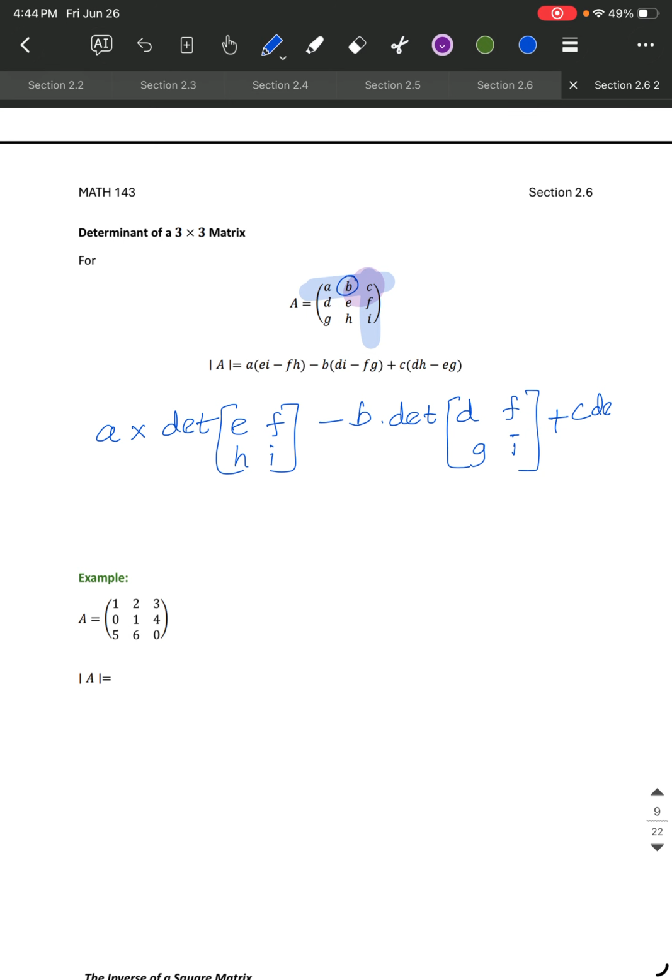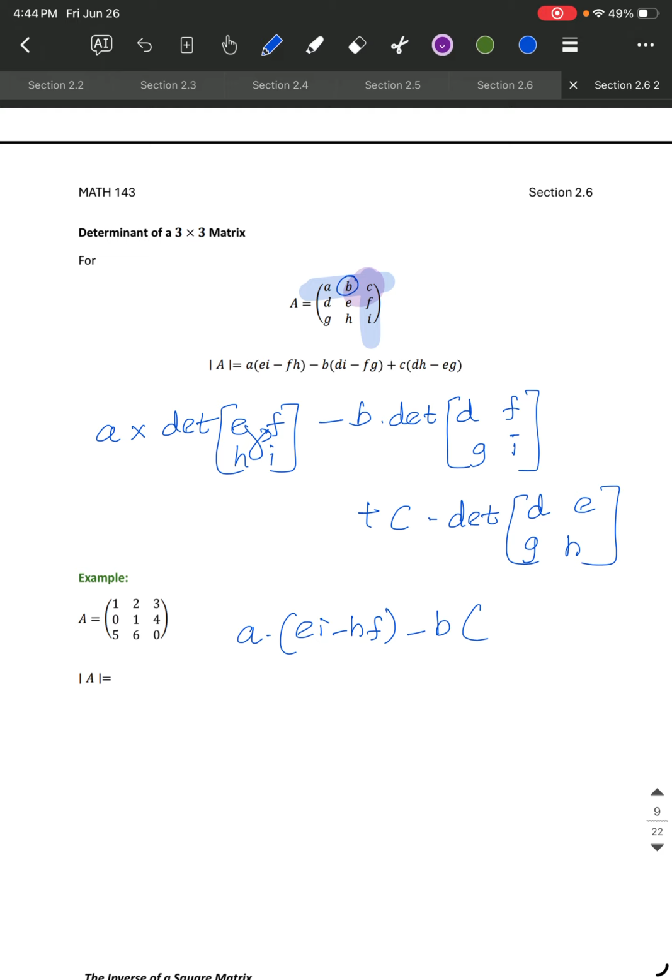C times determinant of the other remaining 2 by 2 matrix. Then you will have A times the diagonal EI minus HF, minus B times DI minus GF, plus C times DH minus GE. The 3 by 3 matrix.